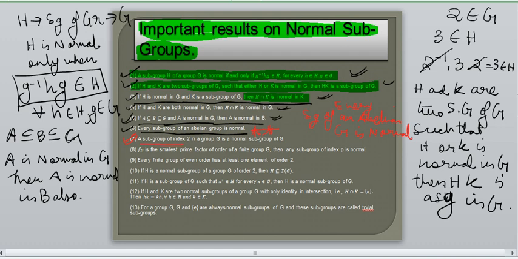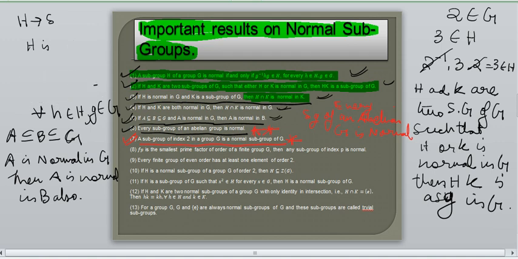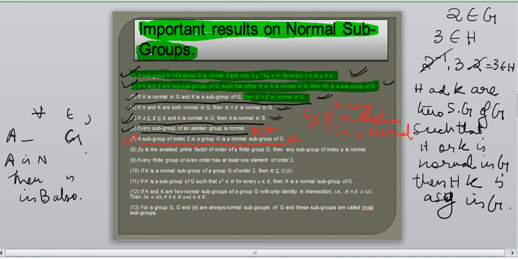A subgroup of index 2 in a group G is a normal subgroup of G. Another important one. Let me erase a little bit from here. I need some space over here to write.